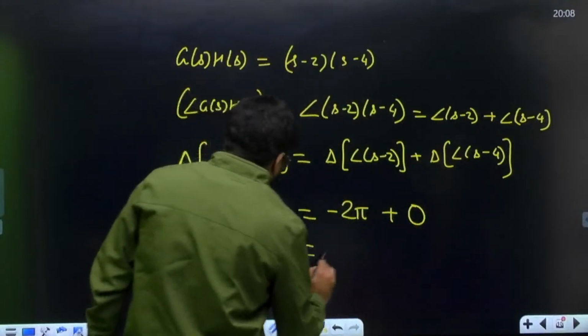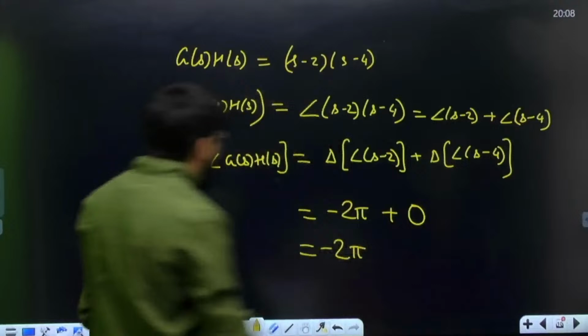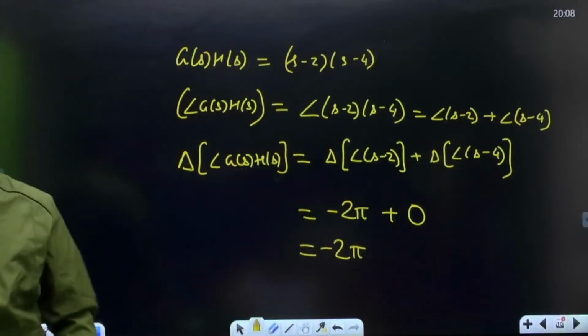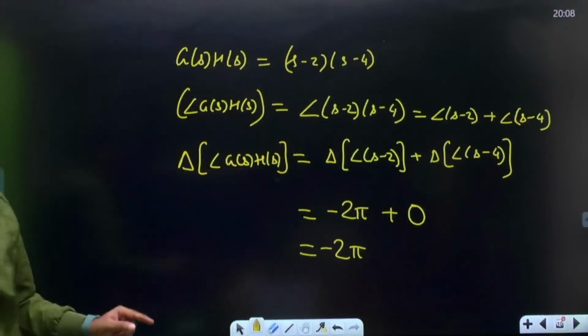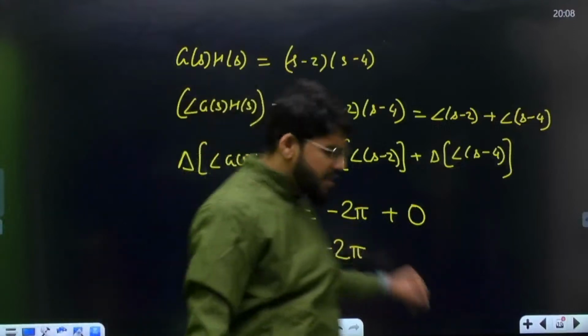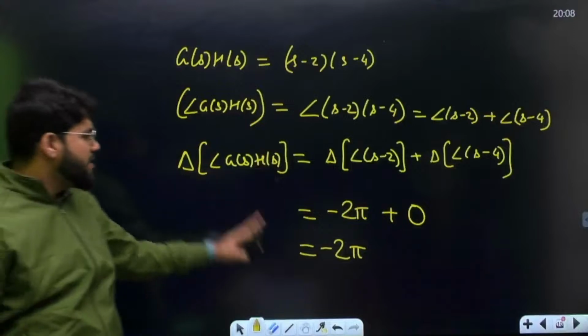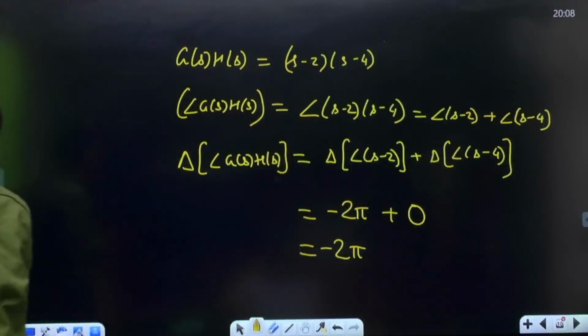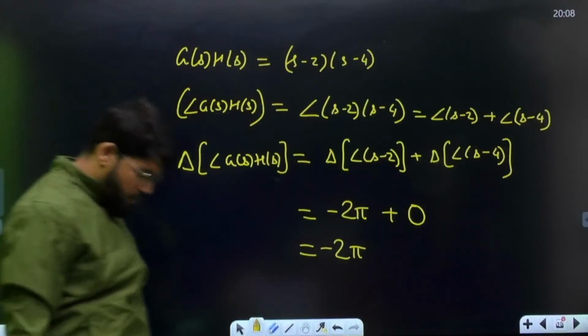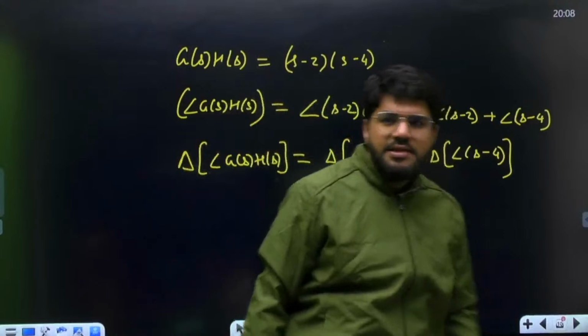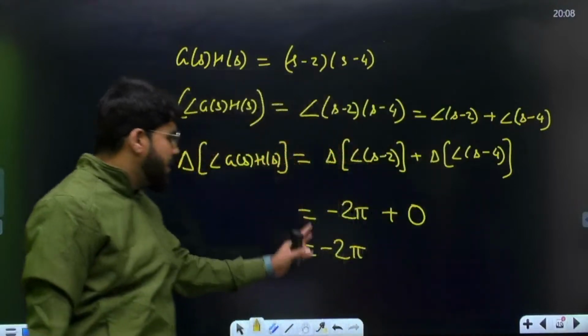And the net change expected in the angle of G(s)H(s) is minus 2 pi. Net change in the angle G(s)H(s) is equal to minus 2 pi. Fine.